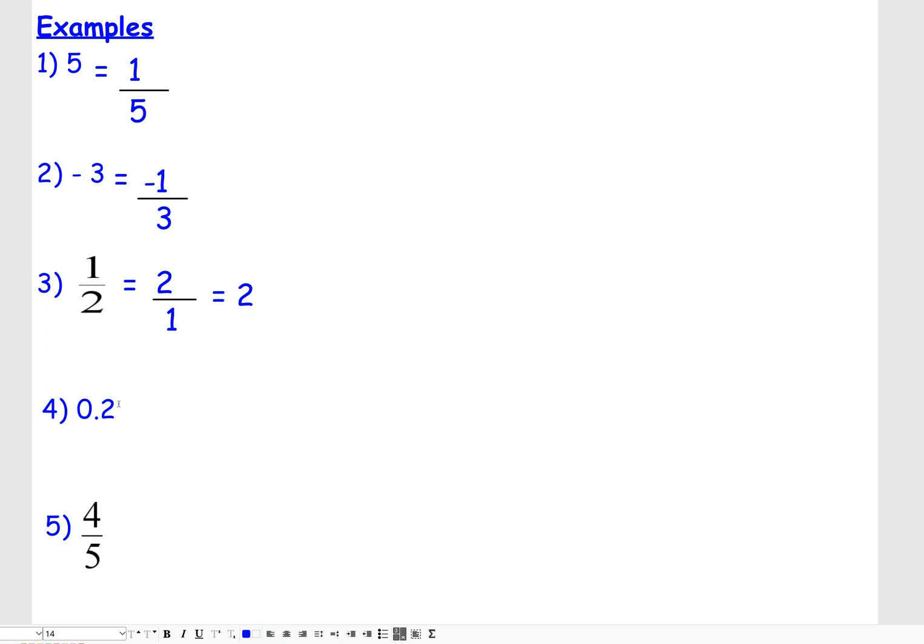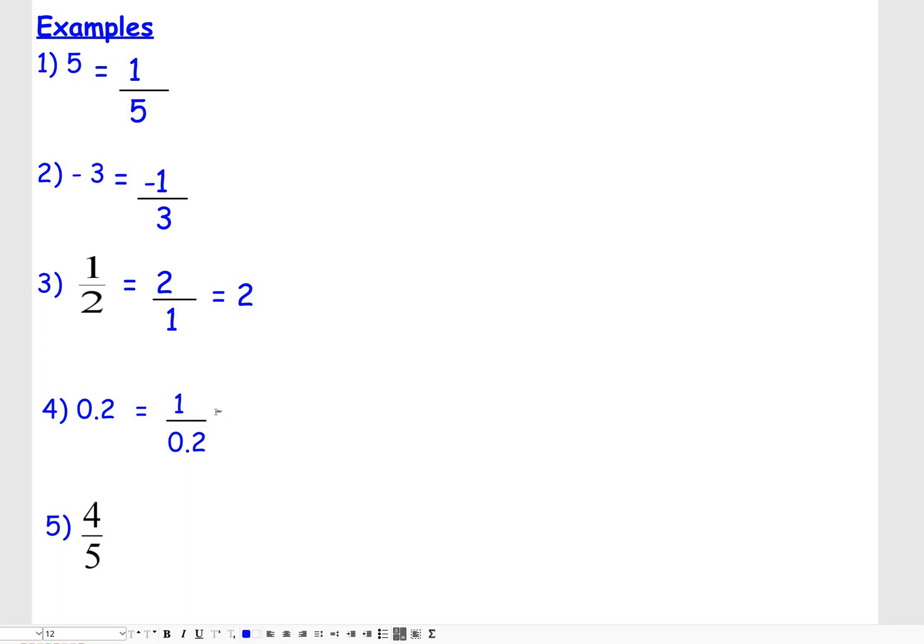Next, we've got 0.2. If we apply the same rule, this means it equals 1 divided by 0.2. But we can never mix fractions and decimals.